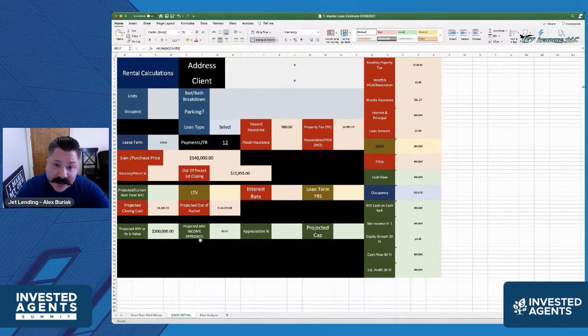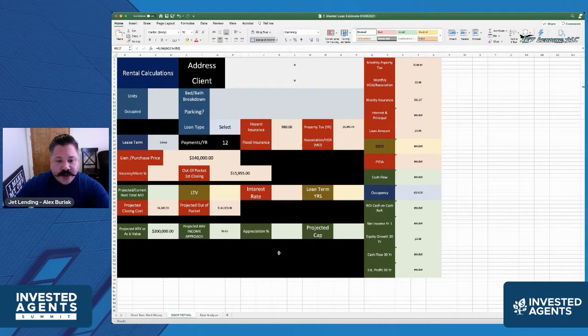If your rent covers your monthly payment evenly, that's a 1-to-1 ratio. Most long-term lines are going to require at least a 1-to-1.3 ratio between the principal, interest, taxes, and insurance, which is your mortgage, and your rent. It makes sure the property can stabilize itself and not go into debt.